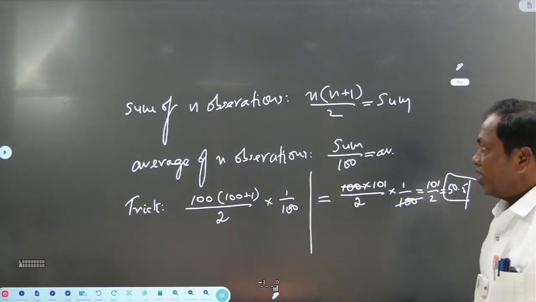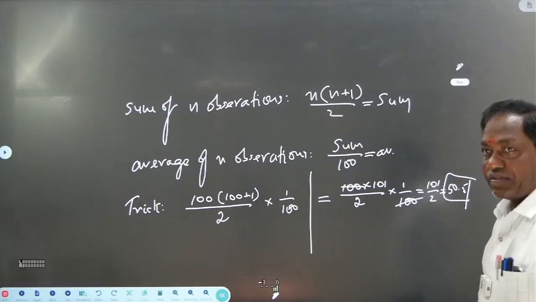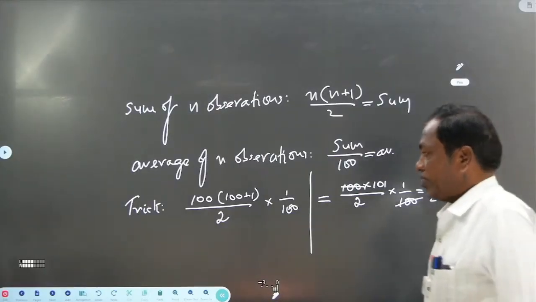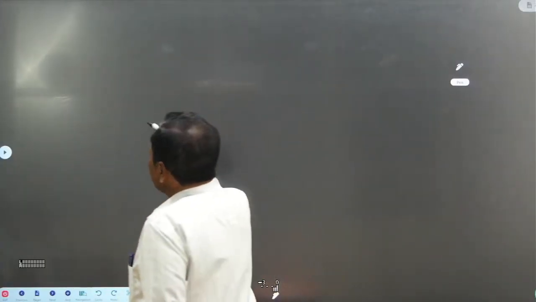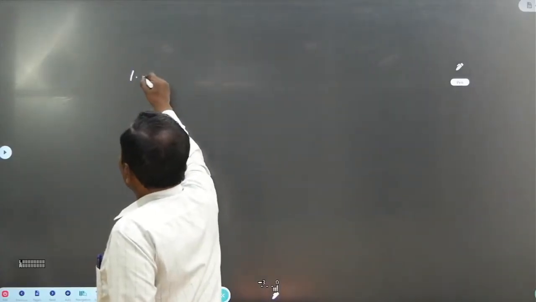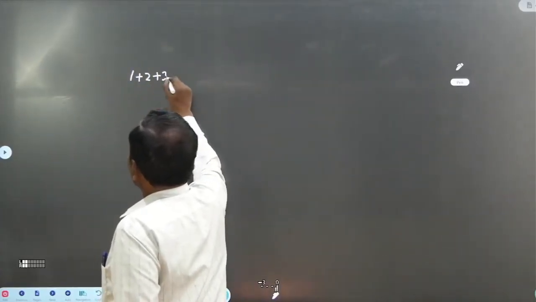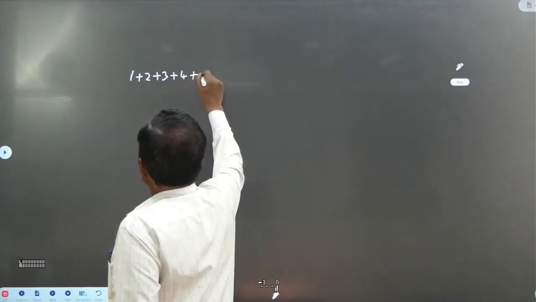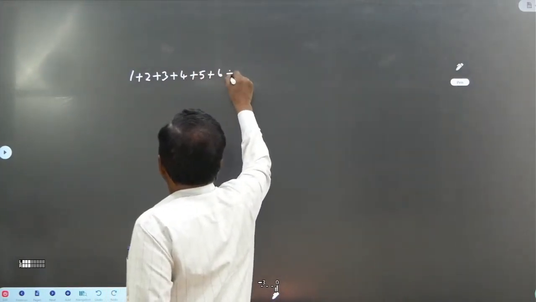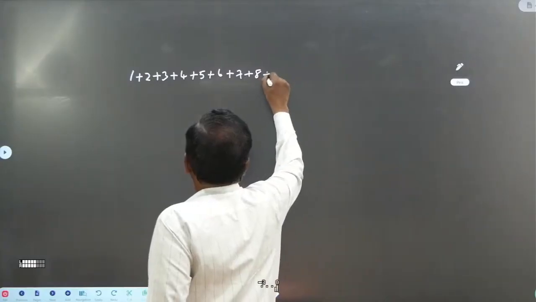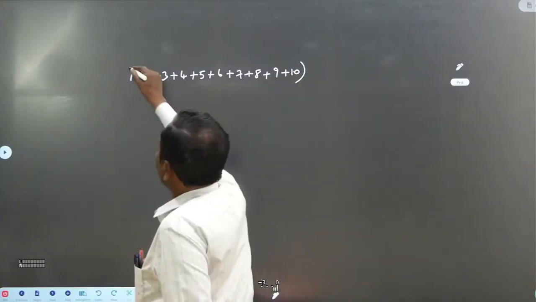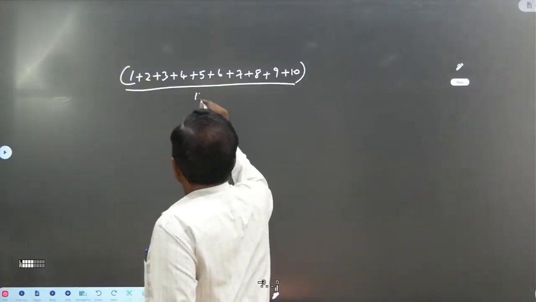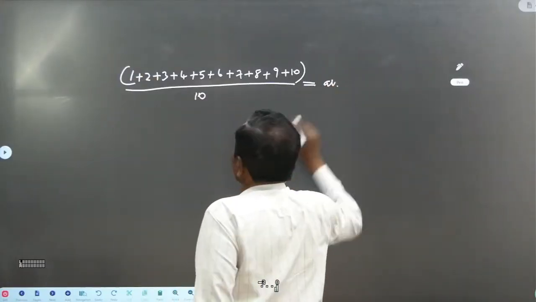Some places we need this, not always. And what is the shortest form? When it talks about consecutive natural numbers, for example 1 plus 2 plus 3 plus 4 plus 5 plus 6 plus 7 plus 8 plus 9 plus 10. If you take 10, you will get the average. Why?